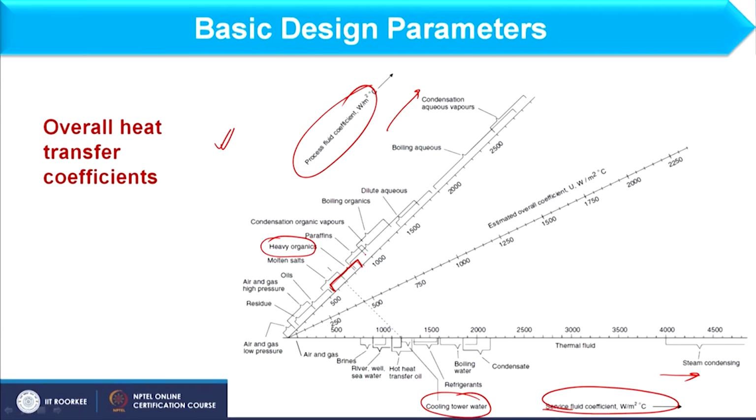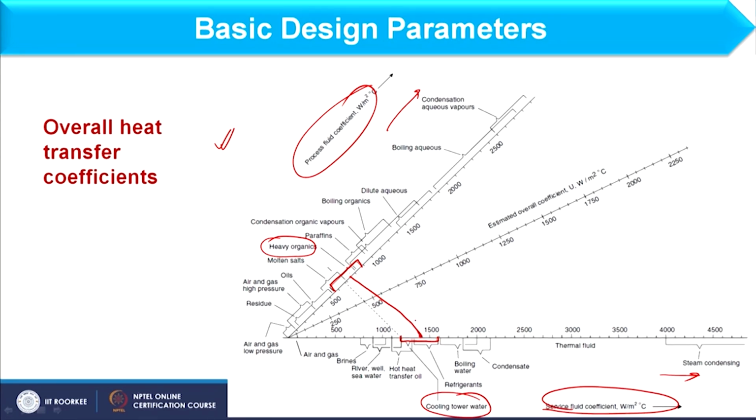What will I consider then? I will consider the middle point of this, right. Similarly, if I am considering cooling tower water, the complete range is this, okay, and I will select the middle of that. Now, I will join these two points using a straight line.